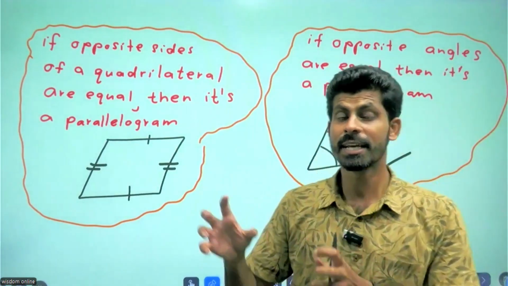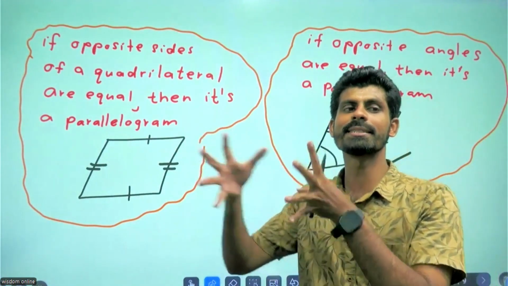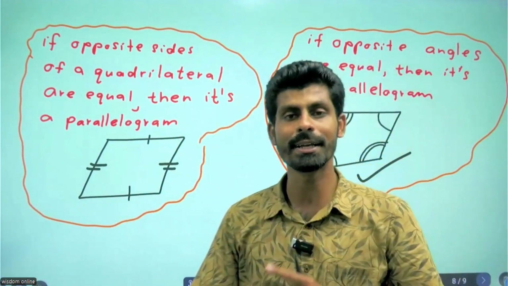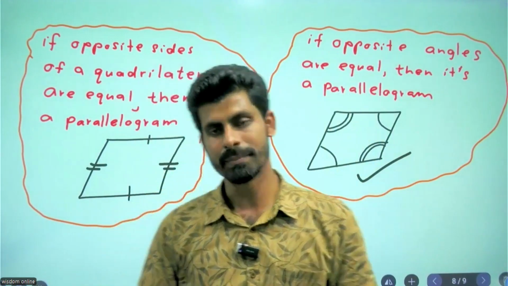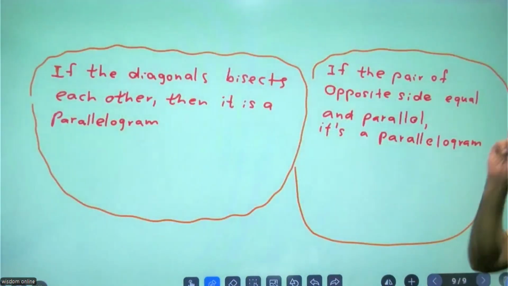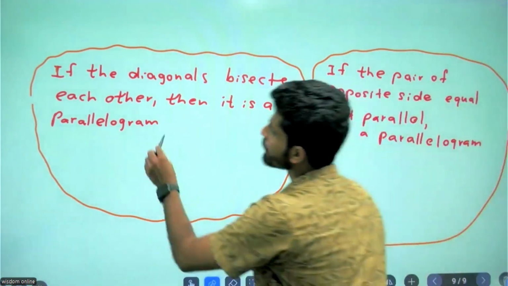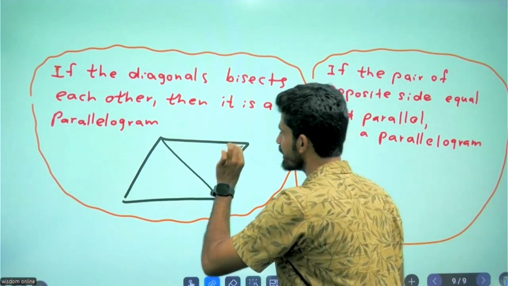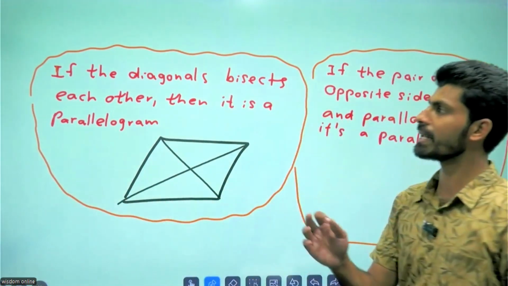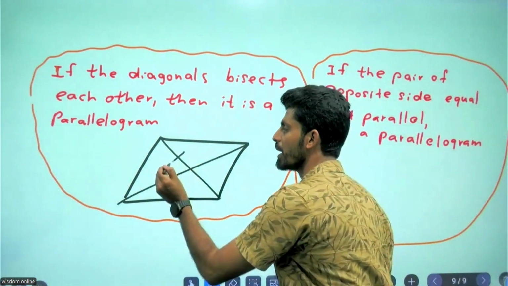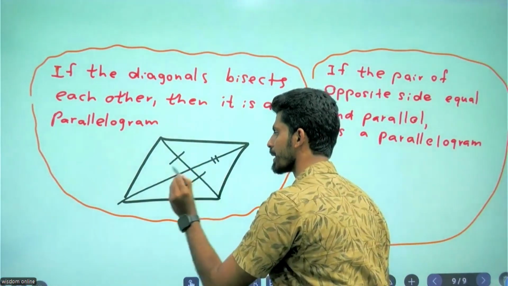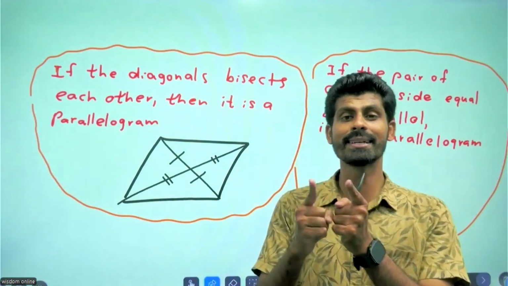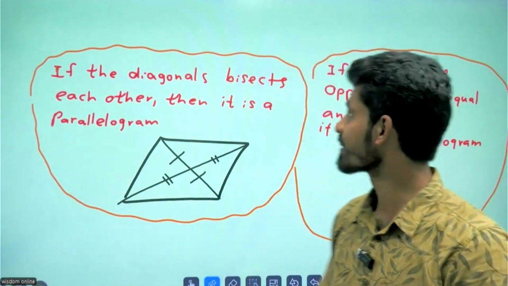So what are the conditions? If you can prove opposite sides are equal, that is a parallelogram. If you can prove opposite angles are equal, that is a parallelogram. Third, if you can prove that diagonals bisect each other, so this one equals this one, then it is a parallelogram.